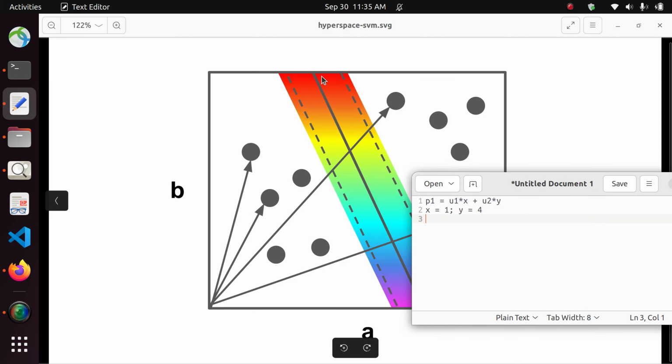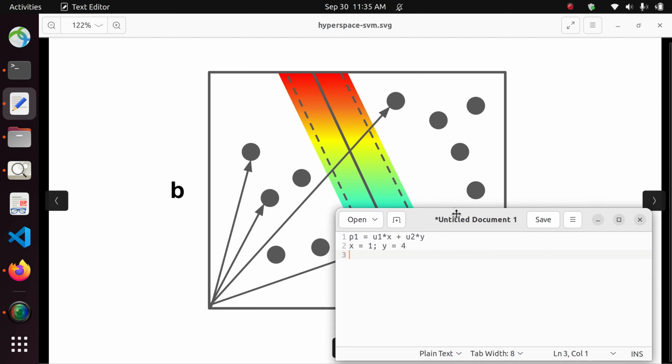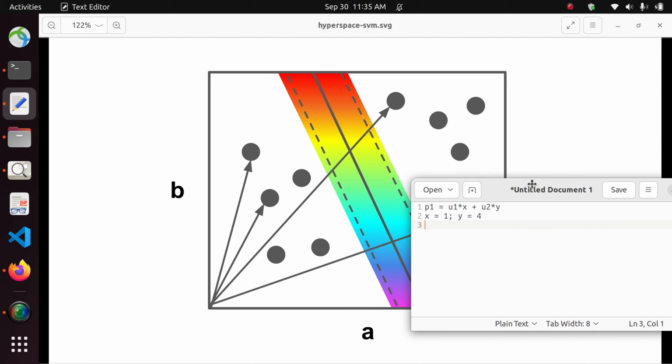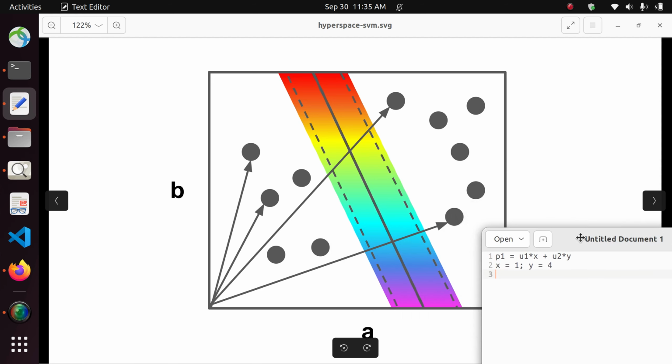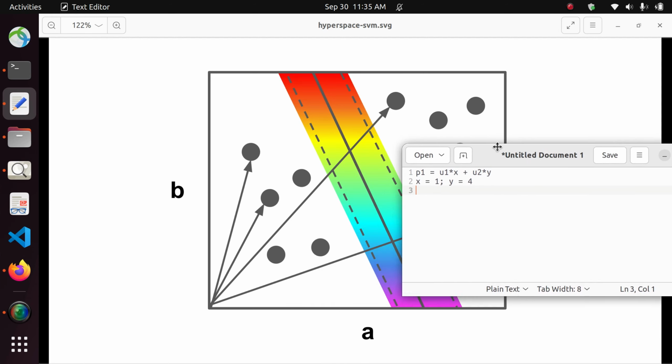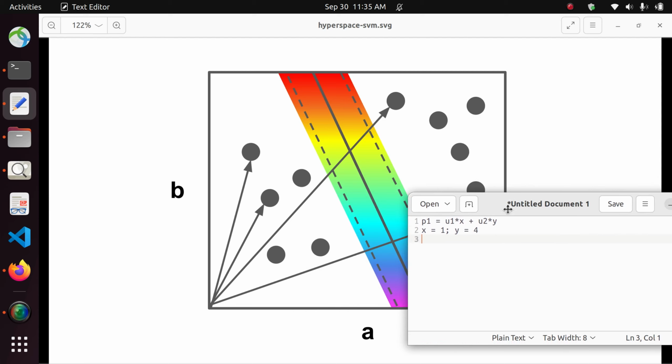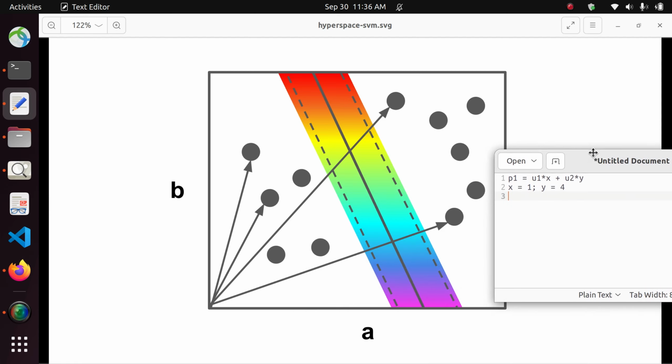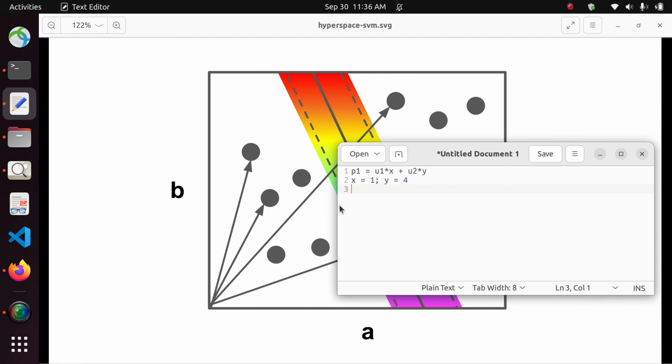Now, in 2D space, you can classify a series of data by just dividing them with a line or a barrier. And that's actually what the support vector machine classification is doing in the most basic sense.